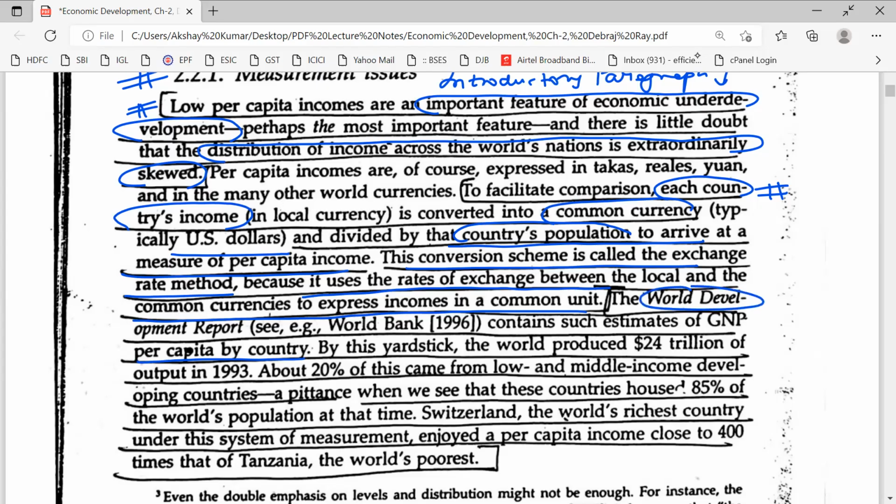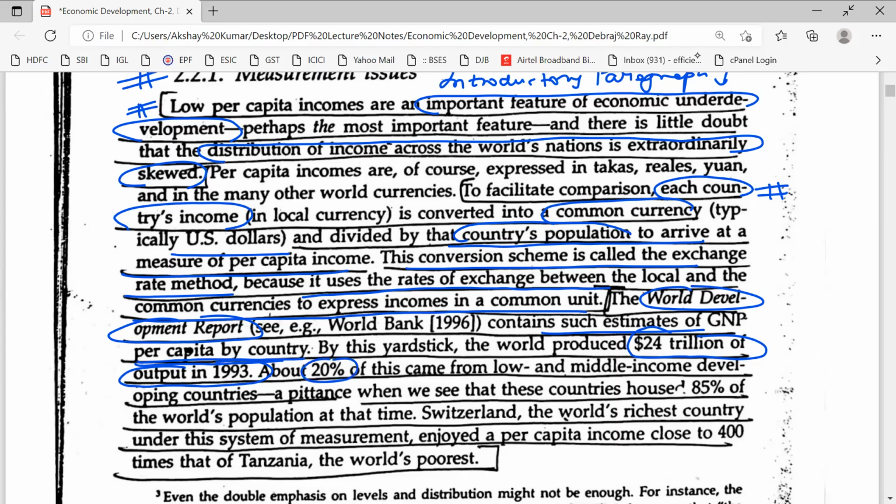So according to the World Development Report, students can mark this, it contains such estimates of GNP per capita by country. By this yardstick, the world produced 24 trillion of output in 1993. This was the estimated total output produced by the world.